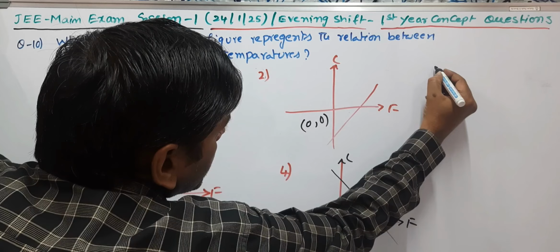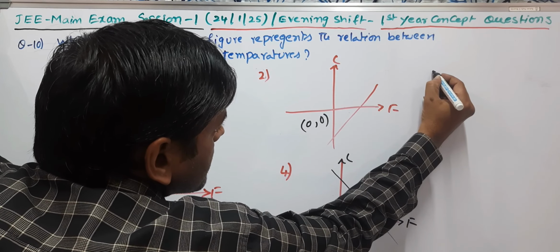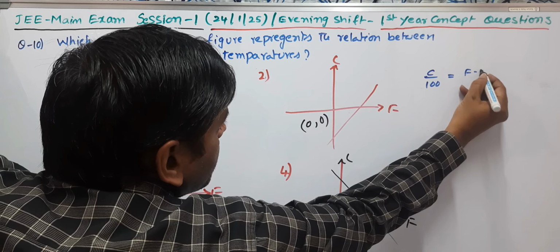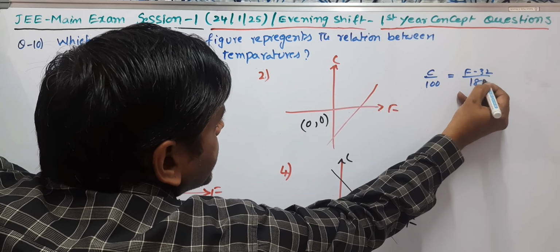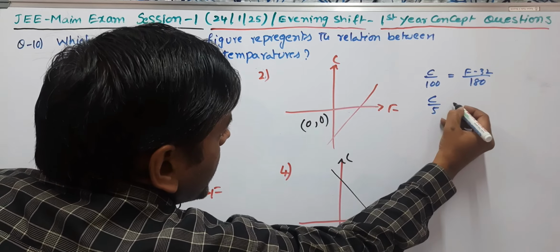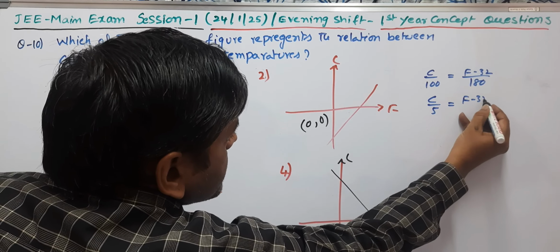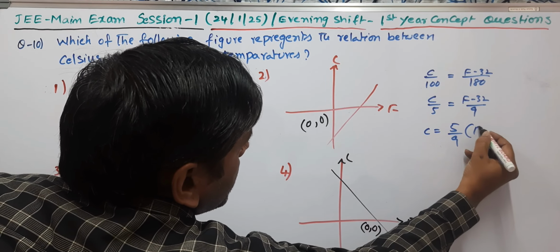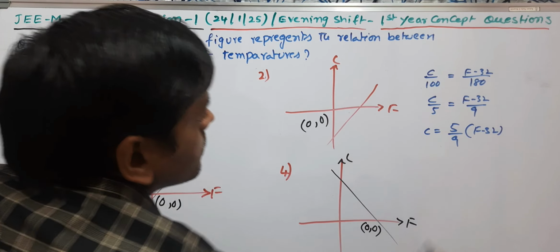The relation between Celsius and Fahrenheit is C by 100 is equal to F minus 32 by 180, isn't it? So you can write C by 5 is equal to F minus 32 by 9. So you may write C is equal to 5 by 9 of F minus 32.